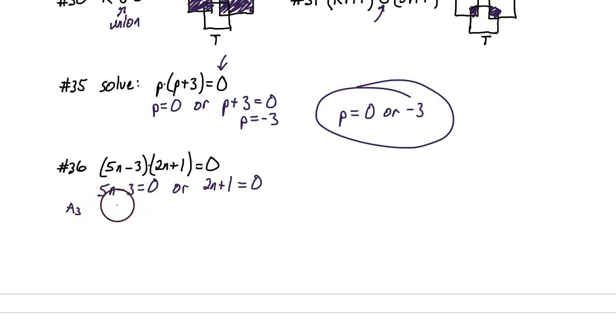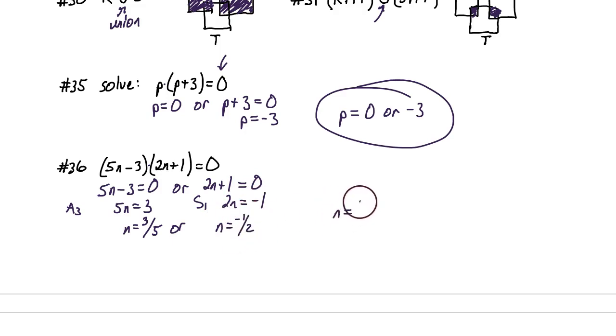Add 3 to both sides, and then divide by 5. On this one here, subtract 1 from both sides, and then divide by 2. So our answer is n equals 3/5 or -1/2.